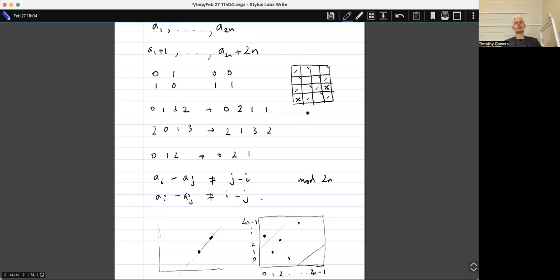And so could I argue somehow that if I've filled up half the black squares, at least, then I've ruled out more than half the white squares?